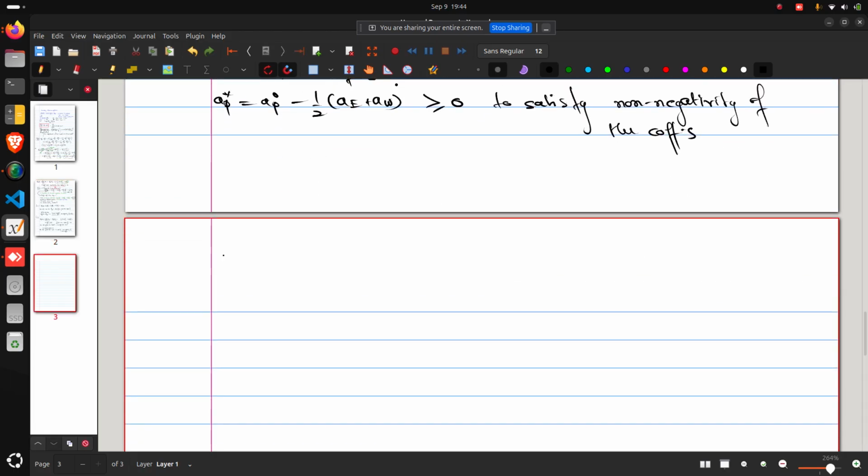Okay, so let's see. AP naught should always be greater than or equal to half of AE plus AW, right? So let's write it down.